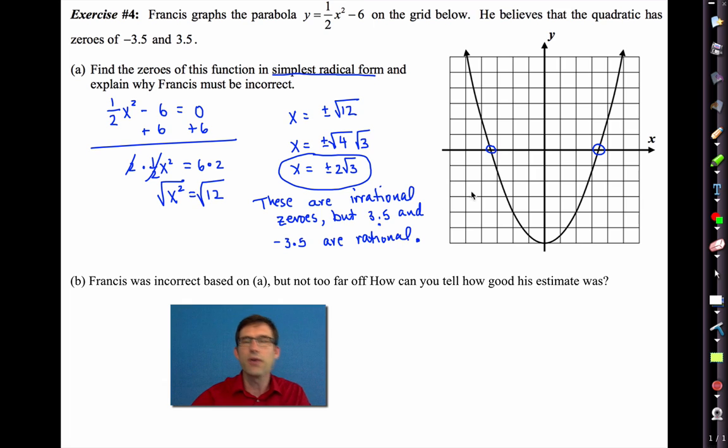Even though those appear to be negative 3.5 and 3.5, using algebra, we can see that our actual zeros are irrational numbers, right? They're a rational number times an irrational number, so that's an irrational number. Yet negative 3.5 and 3.5, because they've got these terminating decimals, they're rational numbers.